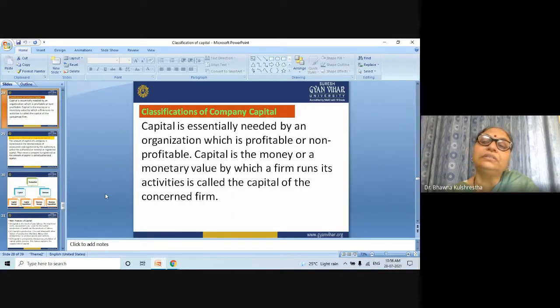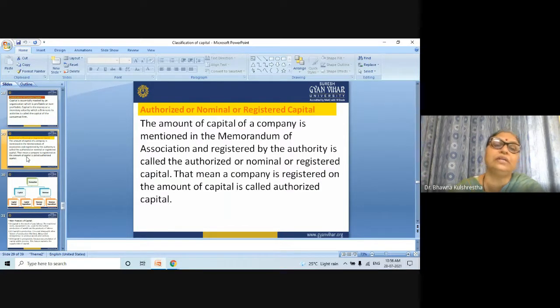This is the classification of company capitals. And the next is the authorized, nominal, or registered company capital.